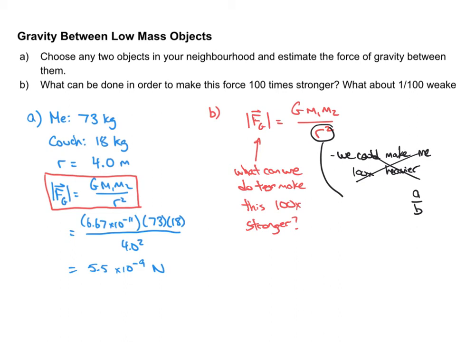Because if we make the denominator smaller, then the whole fraction gets bigger. So we would make the denominator 1/100th as much. If we can do that, then that'll make the whole fraction 100 times bigger.